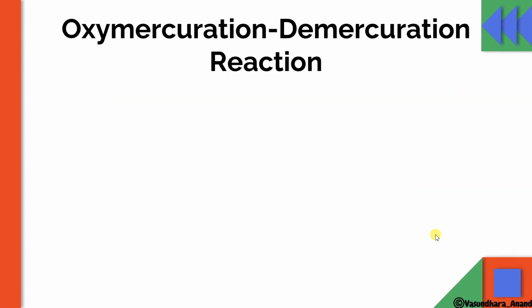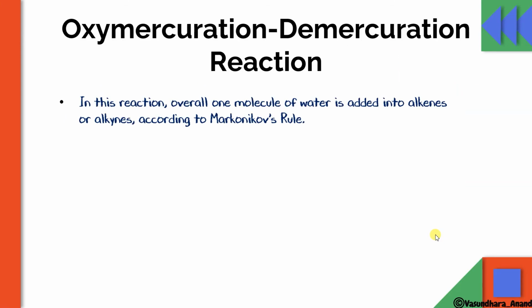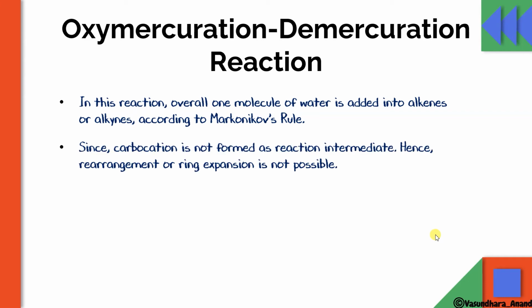Now the oxymercuration-demercuration reaction, let's do it with the mechanism. In the reaction, overall one molecule of water is added to alkenes or alkynes according to Markovnikov's rule. That means the OH group will attach to that double bonded carbon atom where the hydrogen is less.